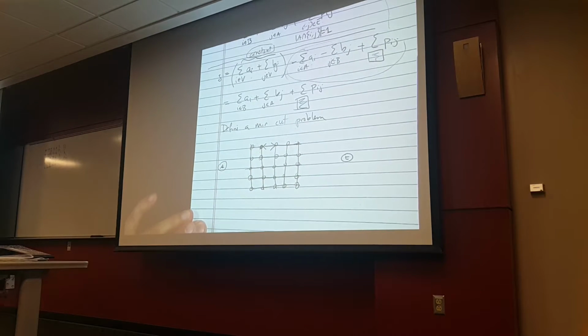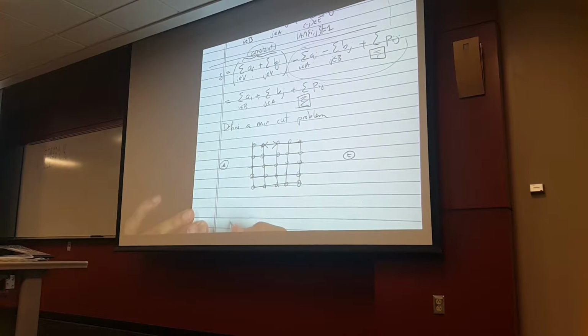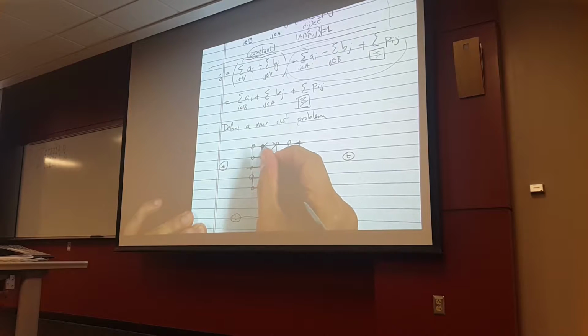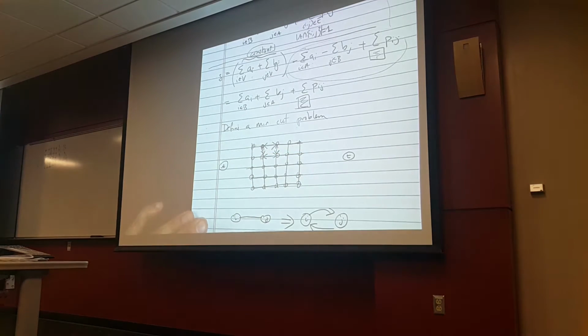If I have i, j like this, then I'm going to have 2 anti-parallel edges that look like that. I'm just going to indicate that like so.